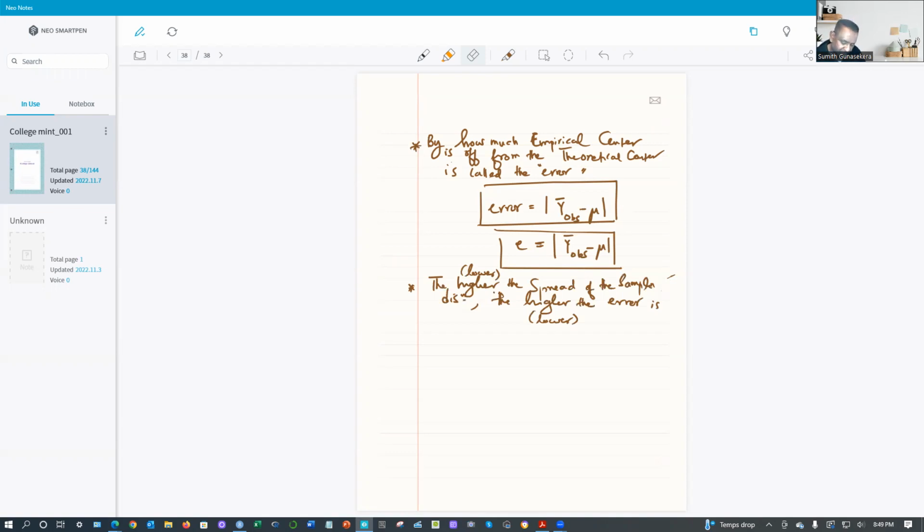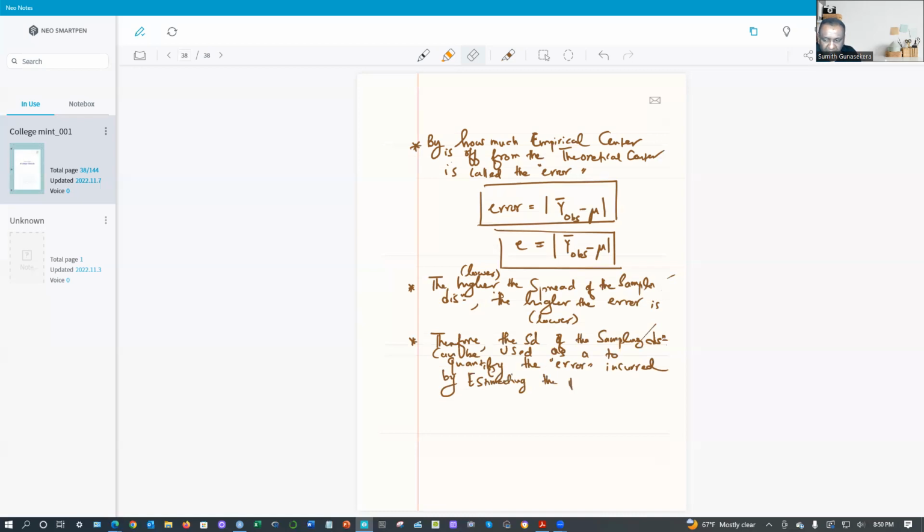So we can say, therefore, the standard deviation of the sampling distribution can be used as a tool to quantify the error incurred by estimating the unknown population mean.